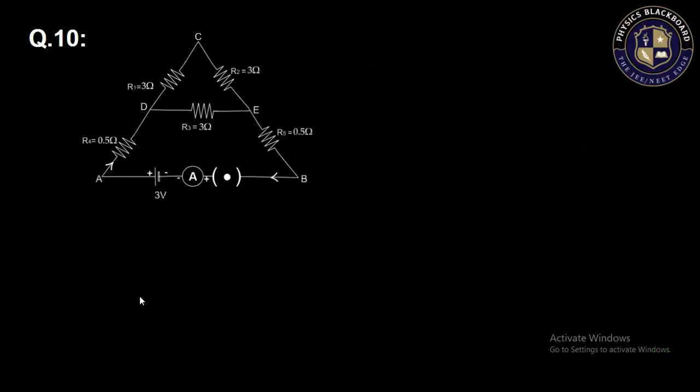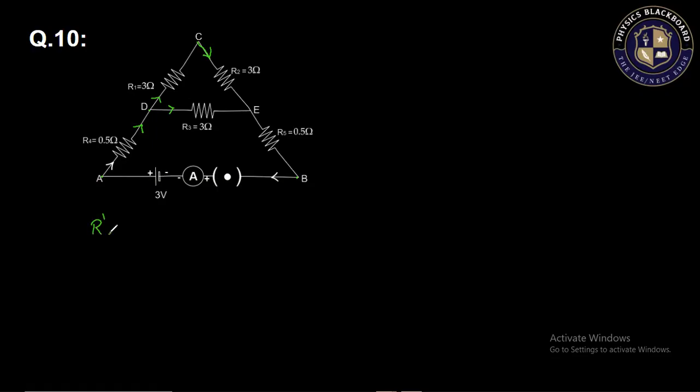Now we see question 10. Here you see that the current is passing from point A to point B. Now, the current which is passing through R4 at point D, the current will divide, right? And the current which is passing through R1, the same current will pass through R2. So R1 and R2 are in series connection now. We see that first.